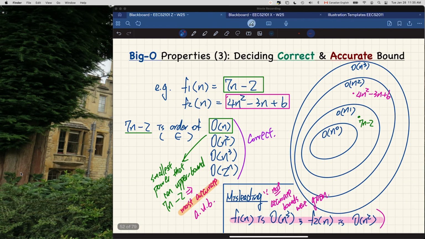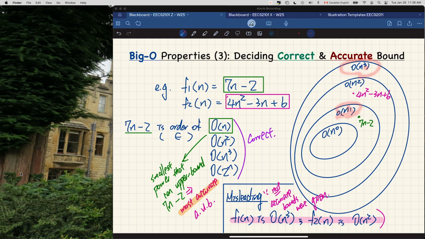And we also talked about how, whenever you want to give the asymptotic upper bound, being correct must of course be the case. But you also want to be accurate as well, right? So for example, if you talk about 7n minus 2, it does belong to the n to the power of 1 family, but it also belongs to the n to the power of 3 family.